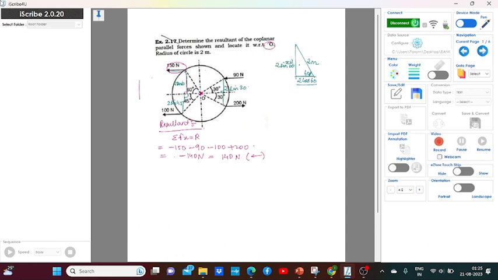This is 2 cos of 30, and this will be 2 sine of 30. This is how you can calculate the perpendicular distance. If you are unable to calculate it this way, you can also go for the simple formula, like, again, say 60 degree over here, and this is 2 meter.